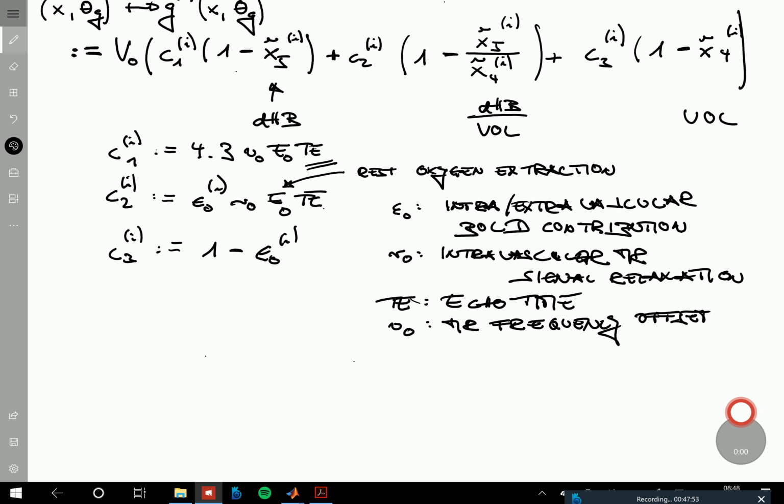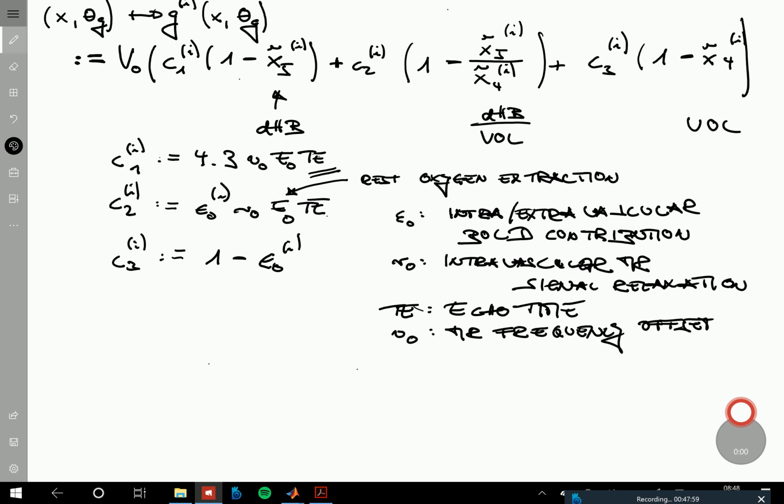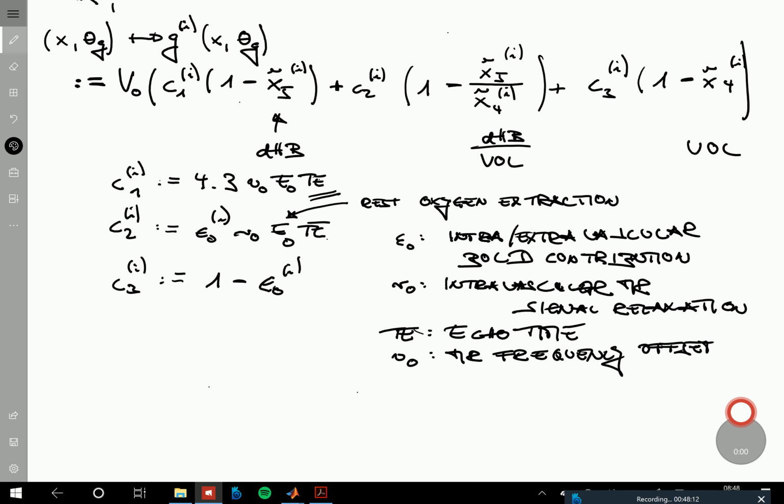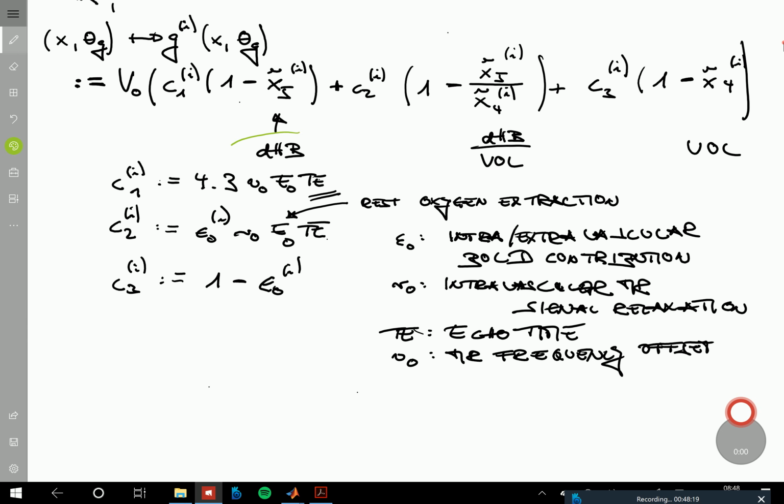What I take from this, because I didn't go further into this besides noting what these things should be and how the function looks so that I can implement it, is that this is a model that takes into account both biological aspects, so what's happening in terms of the hemodynamics, and physical aspects of the imaging process, so the TE, and some idea of how the BOLD signal is created in a vascular coupling.